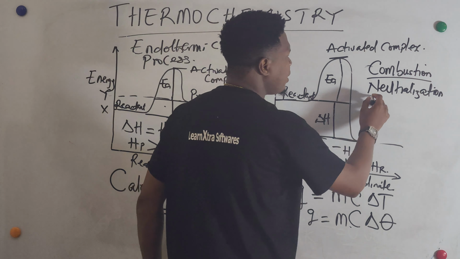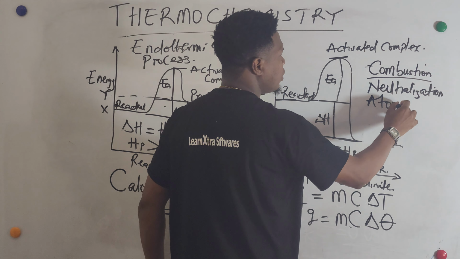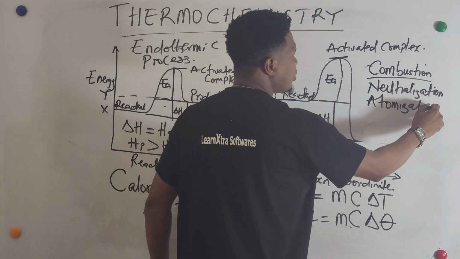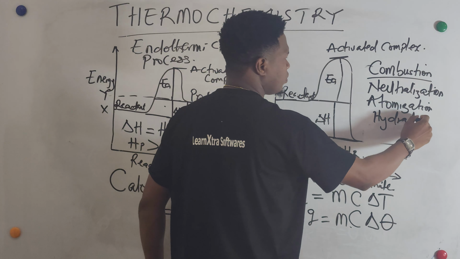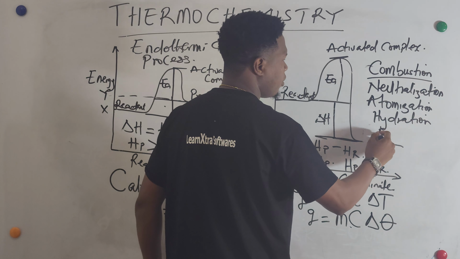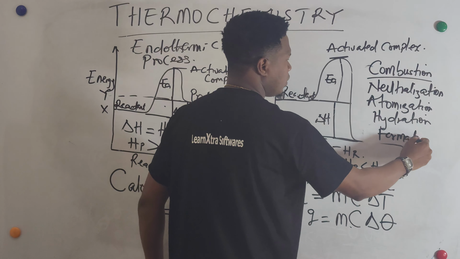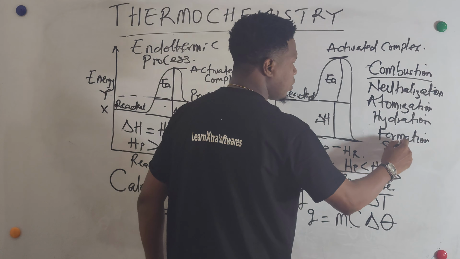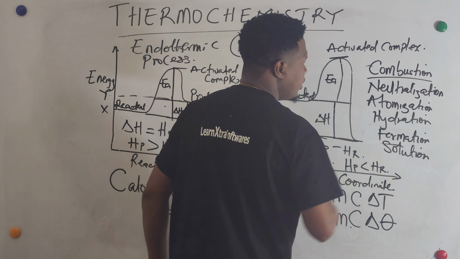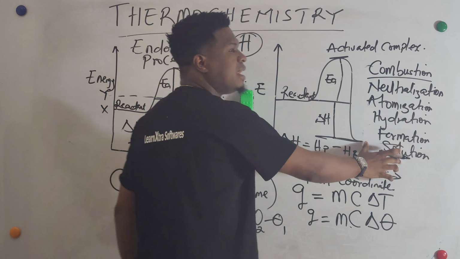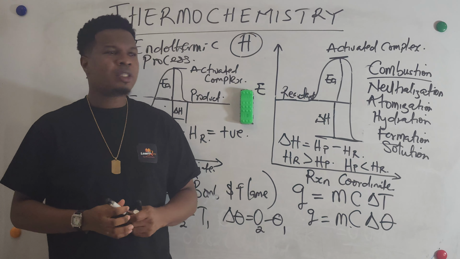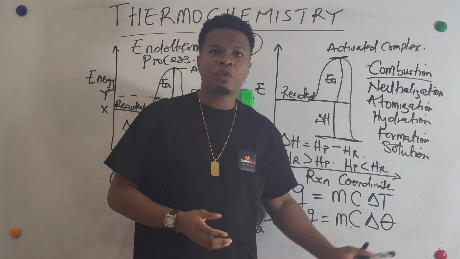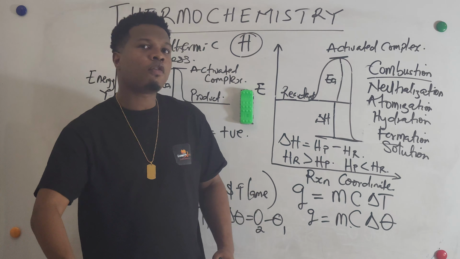The next one we'll talk about is heat of atomization, and also heat of hydration and heat of formation, and lastly heat of solution. So when these reactions are taking place, heats are either evolved or absorbed.